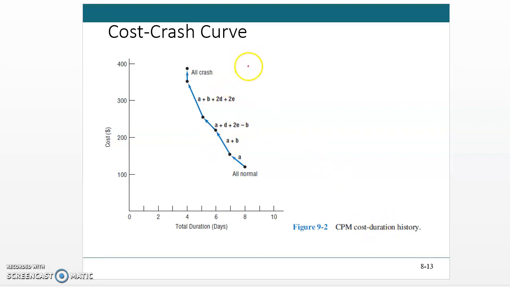Remember that here we are only talking about the costs which are the direct costs. Therefore, there may be some overhead and indirect costs as well. Although the direct costs are increasing, the indirect cost will most likely decrease with the decrease of the duration.